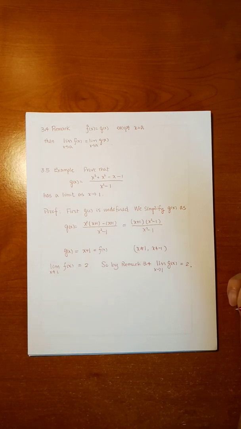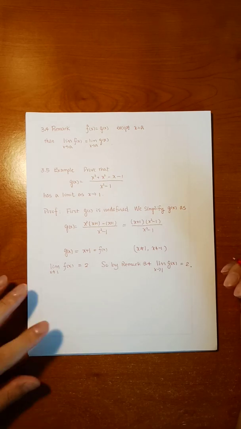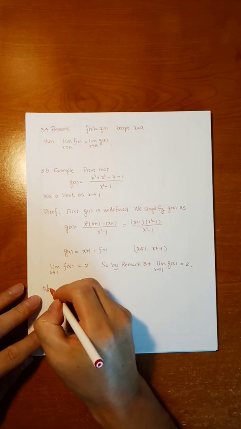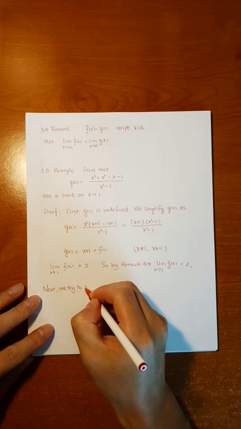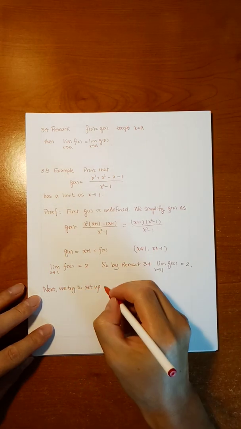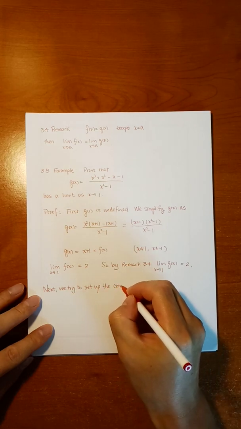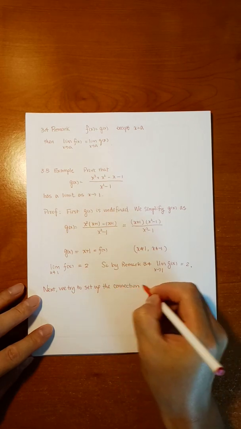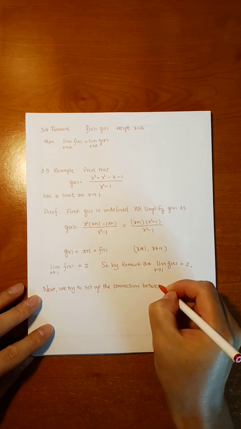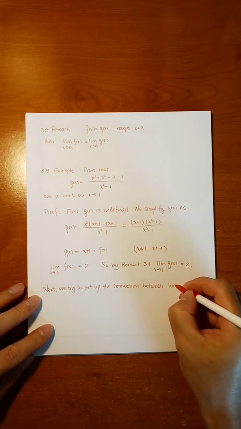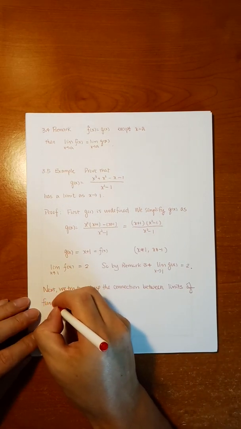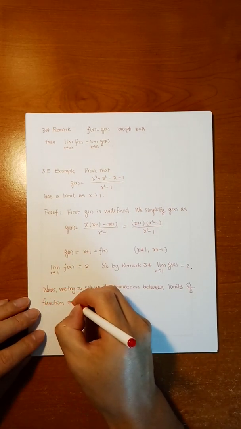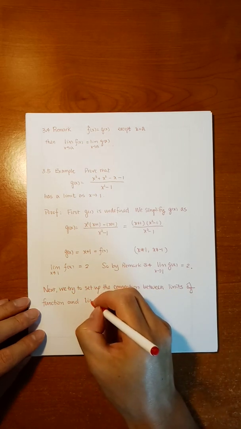And next, we're going to get some connection between the limit of the functions and the limit of the sequences. We try to set up the connection between limits of function and the limits of sequence.